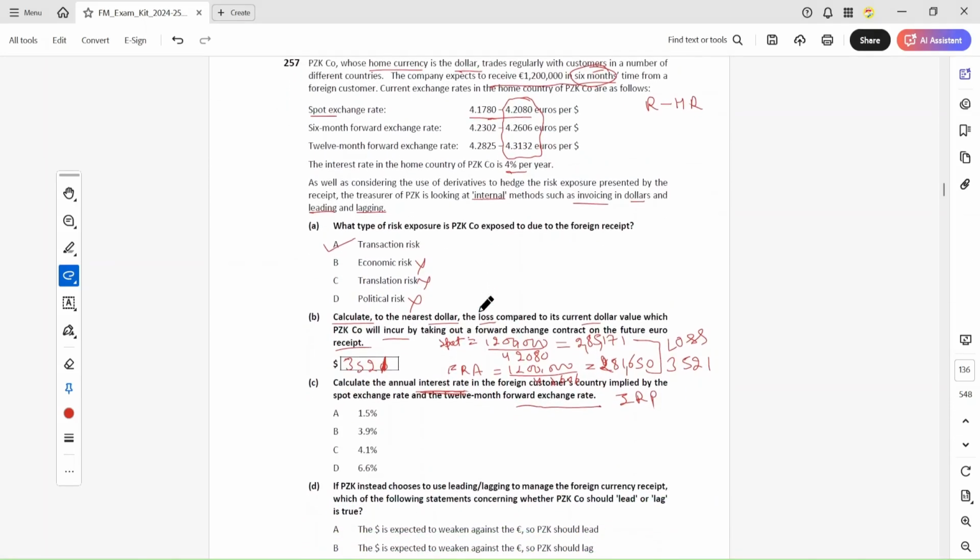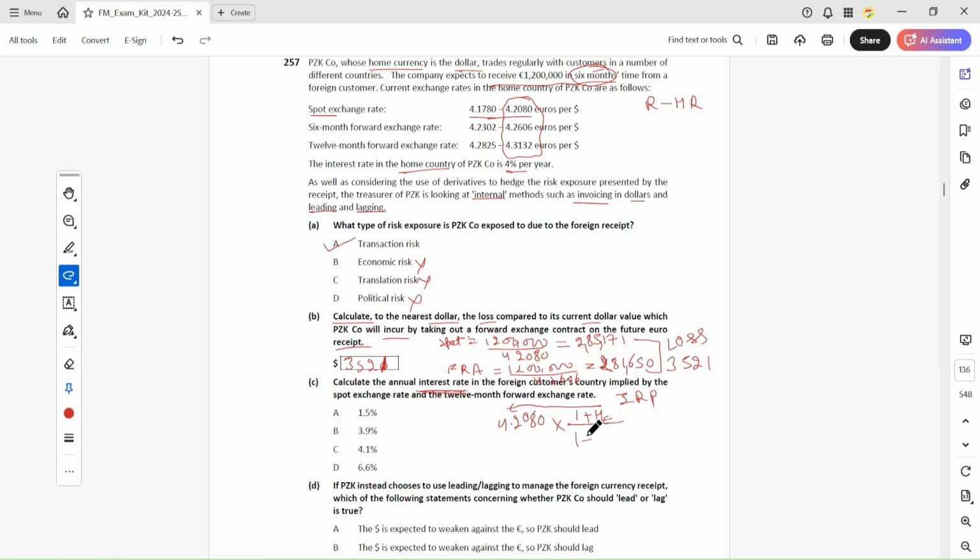Okay, so the spot is 4.2080 times 1 plus the foreign rate. This is the euro. So we have to calculate the euro rate, but we have been given the home country rate, not the euro.